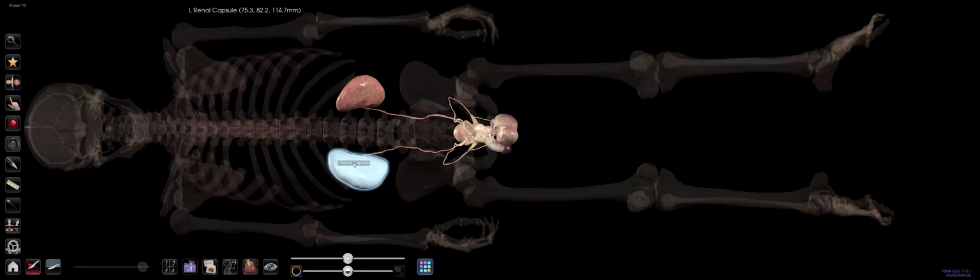So here you can see the testes. The testes are going to be in here. And then let me see if I can select this, not the femur. Well, the femur's in the way. I'm trying to get the vas deferens. So that's that structure that comes up and around right here. Let's go from a different angle here.